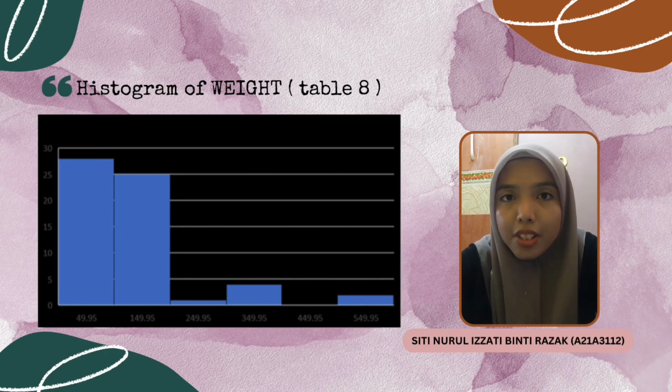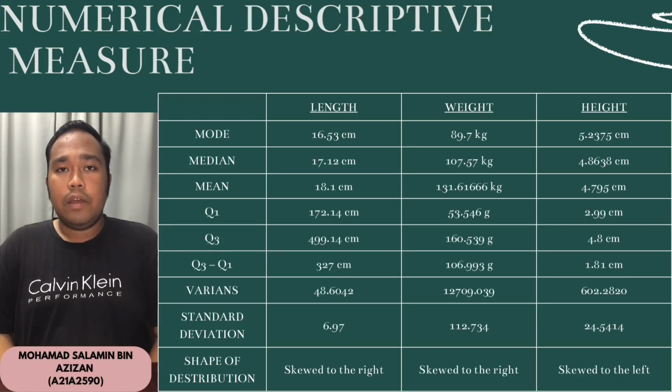Next, 300 to 399.9 is 6.7%, and 400 to 499.9 is 0%, and the last, 500 to 599.9, is 3.3%. Thank you.